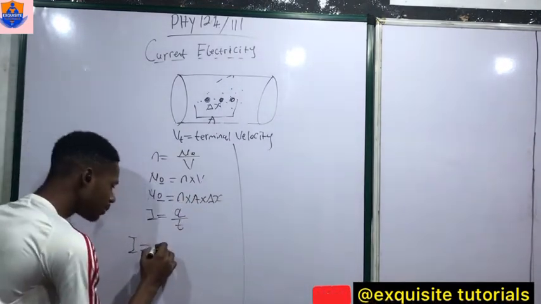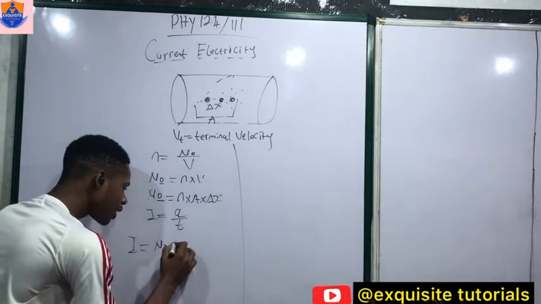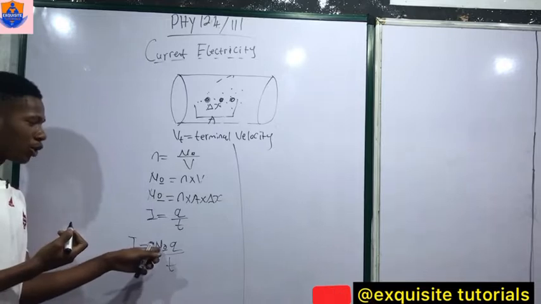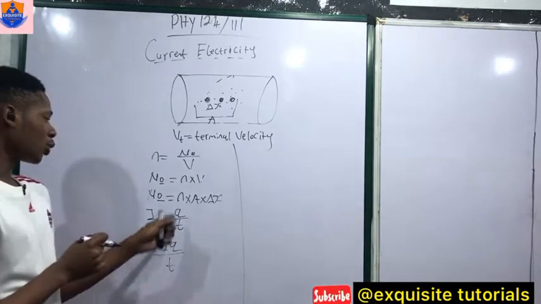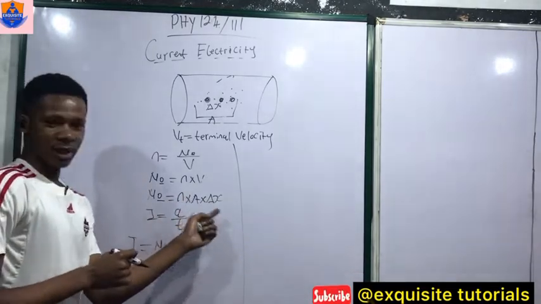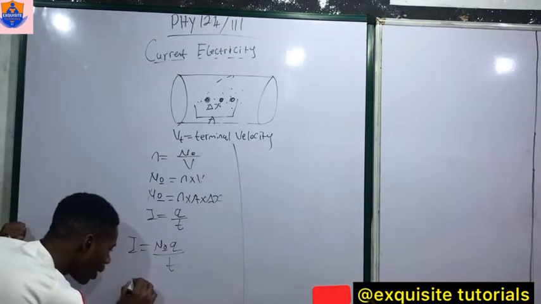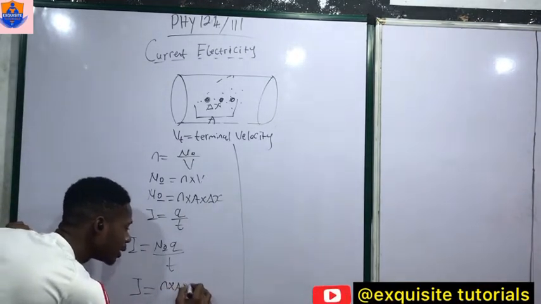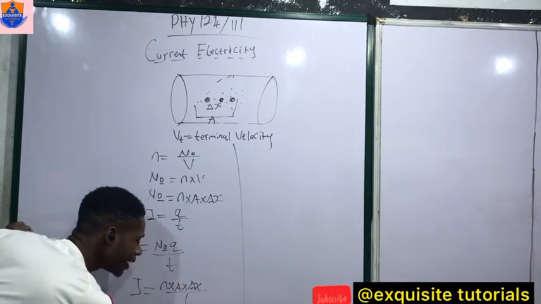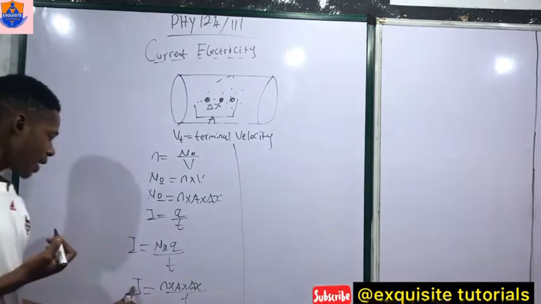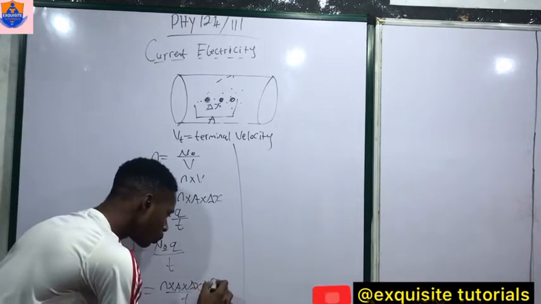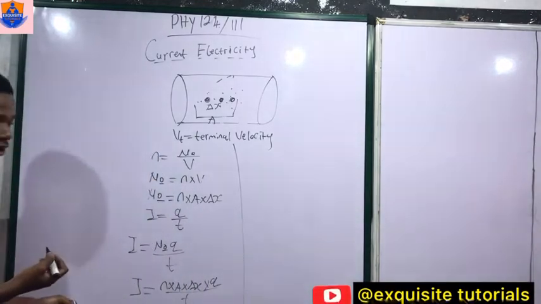I will have to multiply by the number of charges divided by the time. Now, you recall again, N0, which represents the number of charges, is equal to small letter n times a times change in x. Therefore, I will have I is equal to n times a times dx divided by t, times q. Remember, q represents the charge.